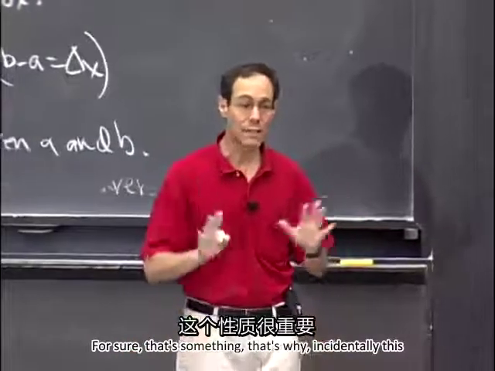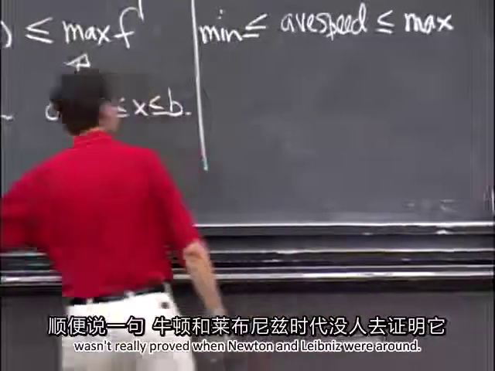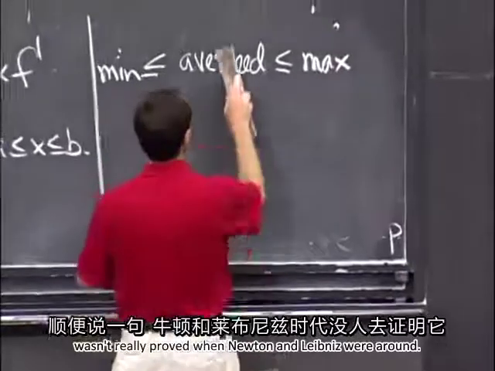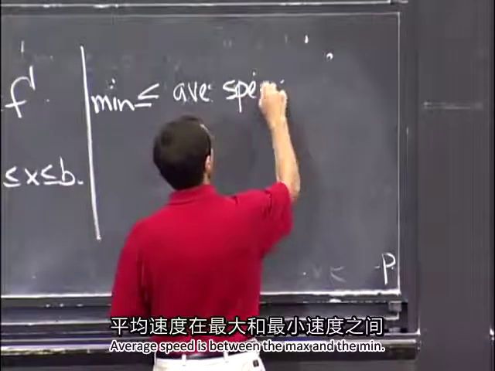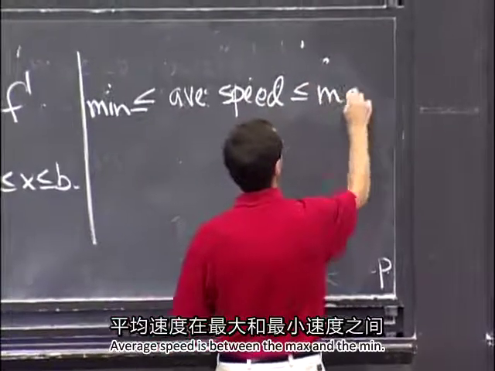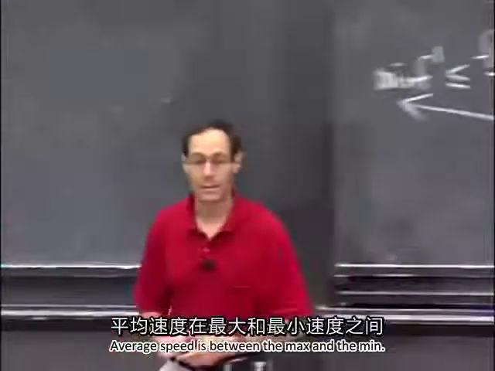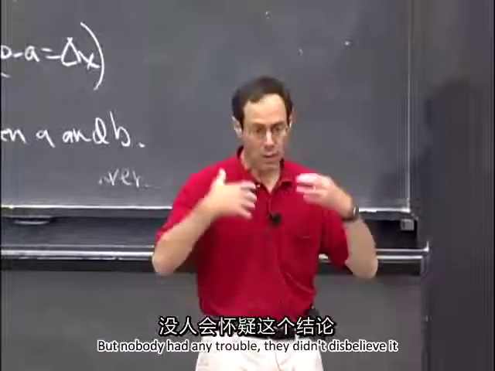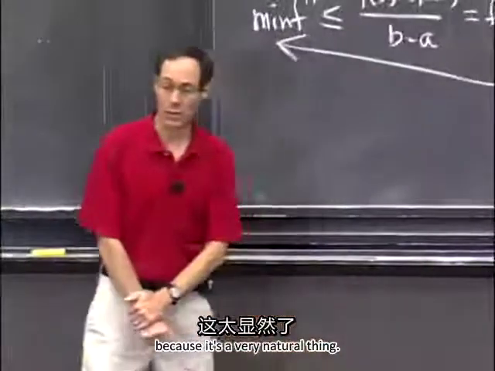For sure, that's something, and that's why, incidentally, this wasn't really proved when Newton and Leibniz were around, but let's write this so that you can read it. Average speed is between the max and the min. But nobody had any trouble. They didn't disbelieve it because it's a very natural thing.